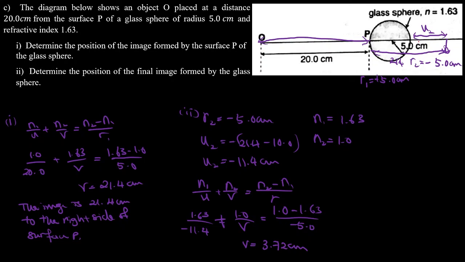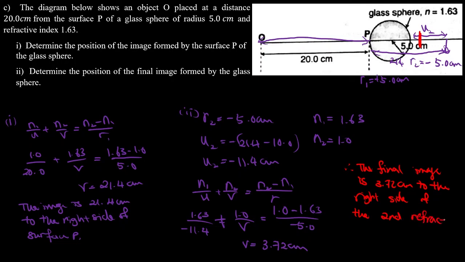So it's located here from the second refracting surface. So the final image is 3.72 centimeter to the right side of the second refracting surface. Okay, is it clear? Okay, that's it.